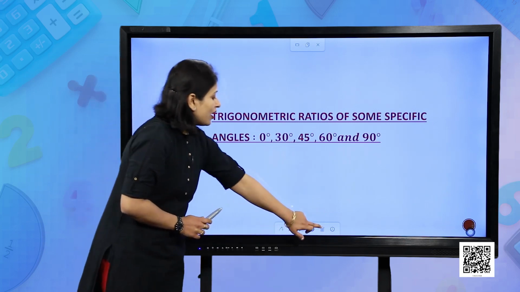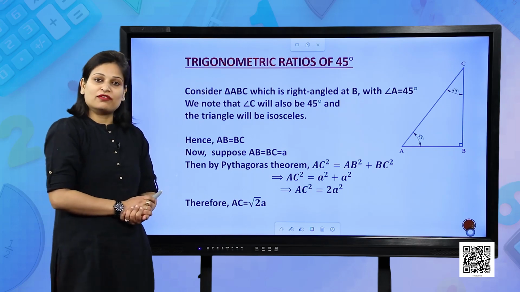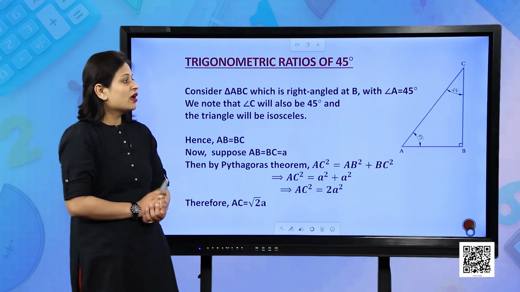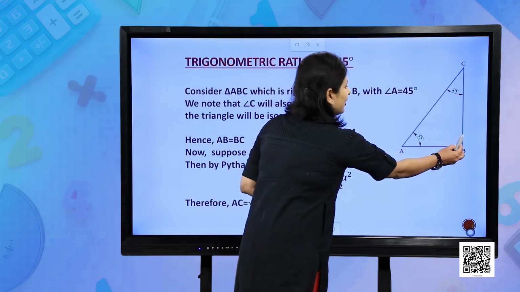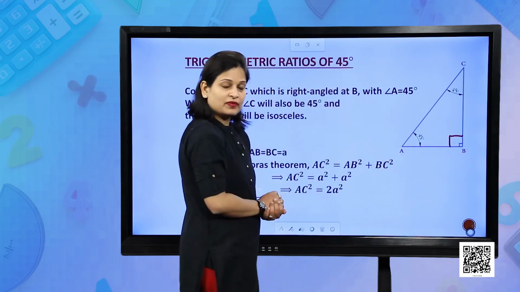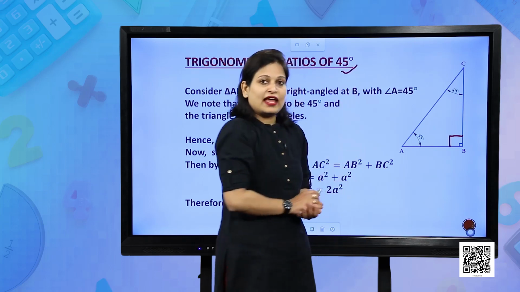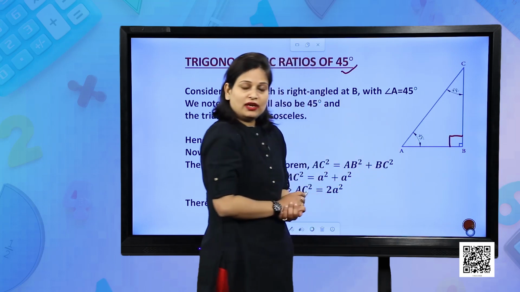So, we are going to start with the trigonometric ratio of 45 degree. For this, we need to construct a right angle triangle which is right angled at B. Now, we have to consider one angle as 45 degree. Suppose this angle is 45 degree.